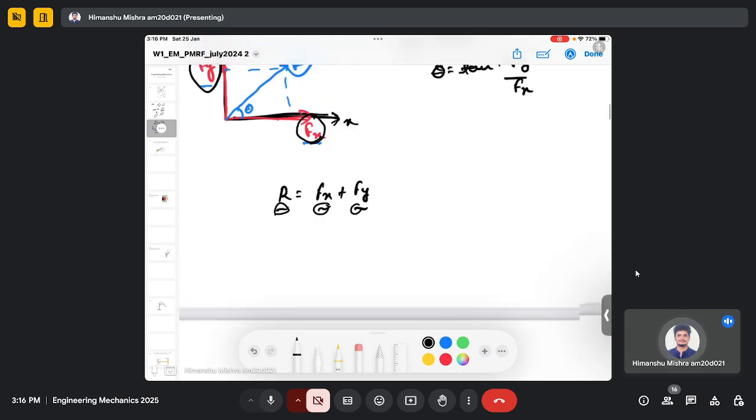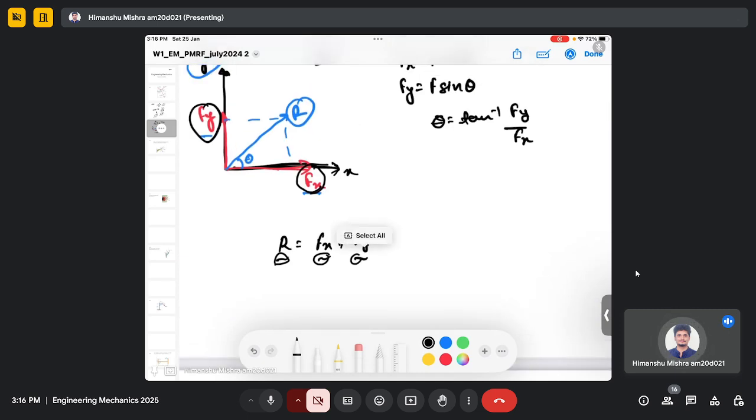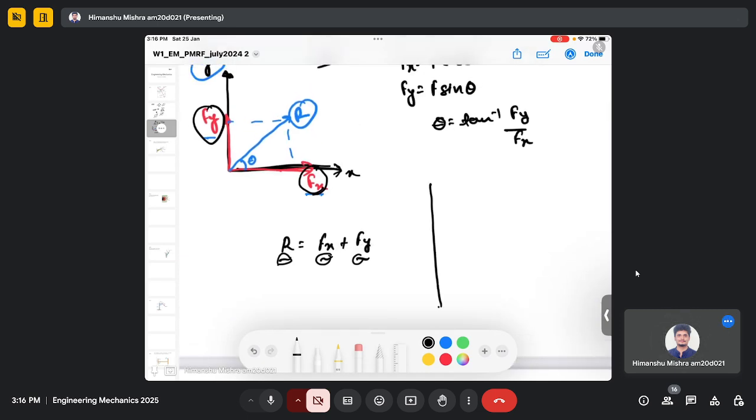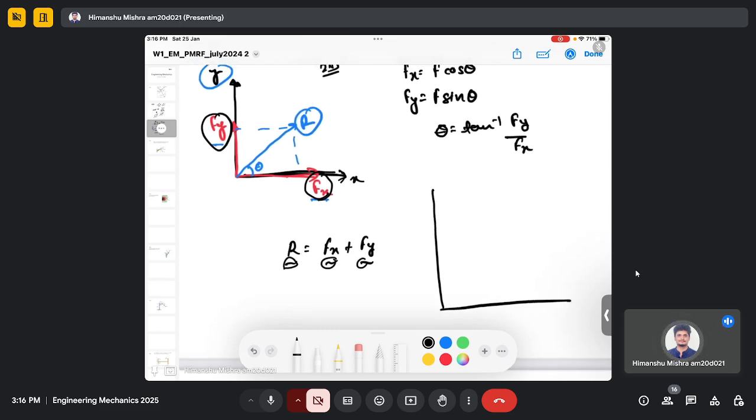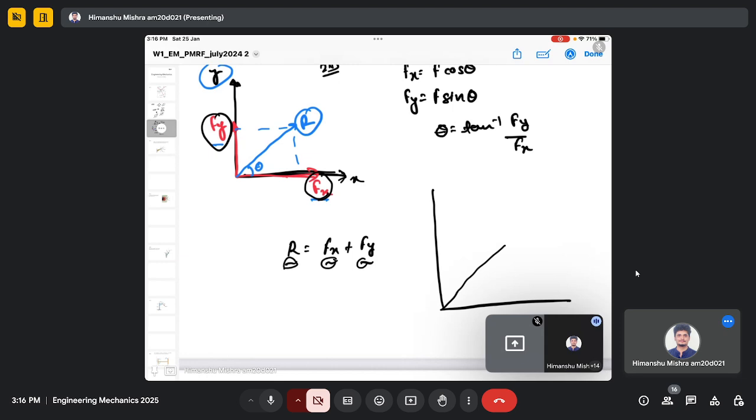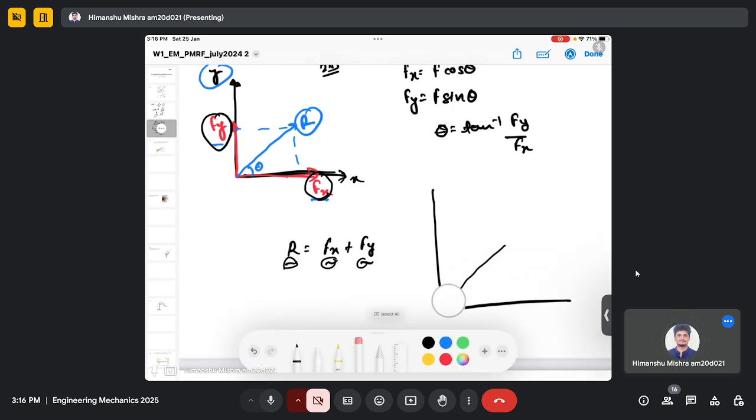So now let's say you have two forces acting on the Cartesian coordinate. Let's consider two different forces. So this is F1 and this is F2.